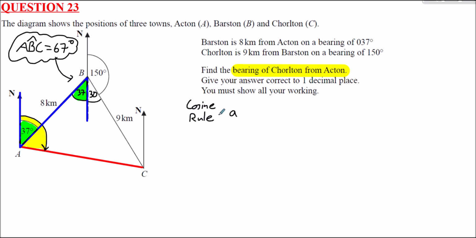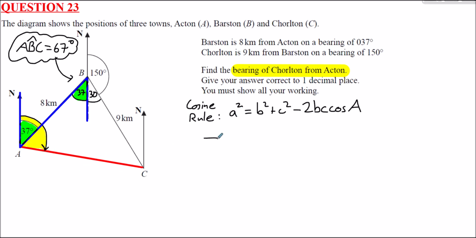This is worth knowing. A squared equals B squared plus C squared minus 2 times B times C multiplied by cos A, where A is the side we're trying to find. So the side we don't know is AC.